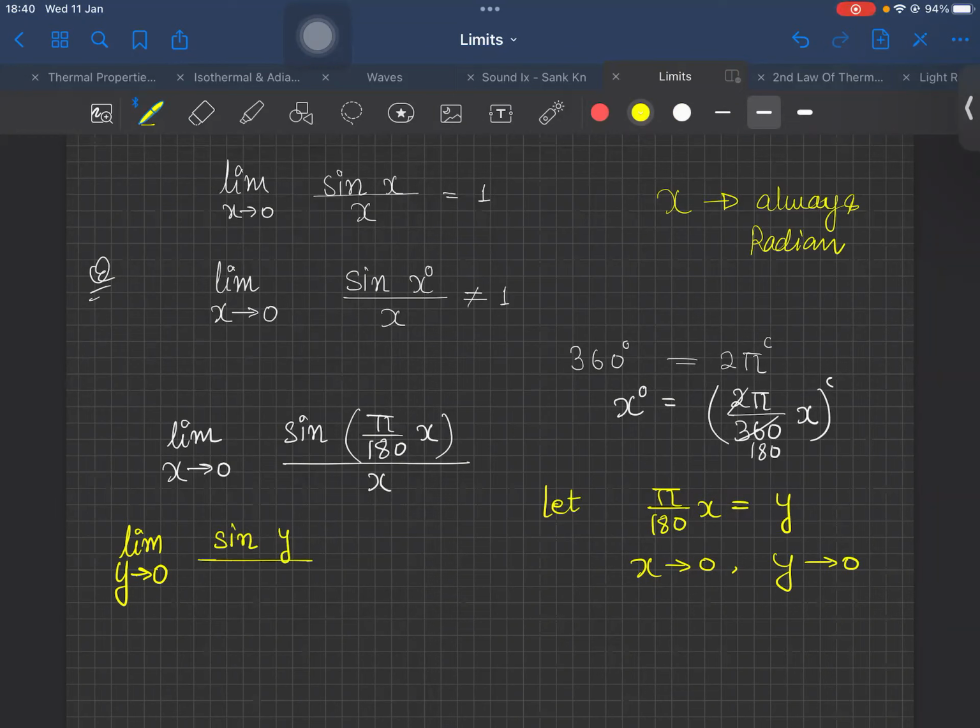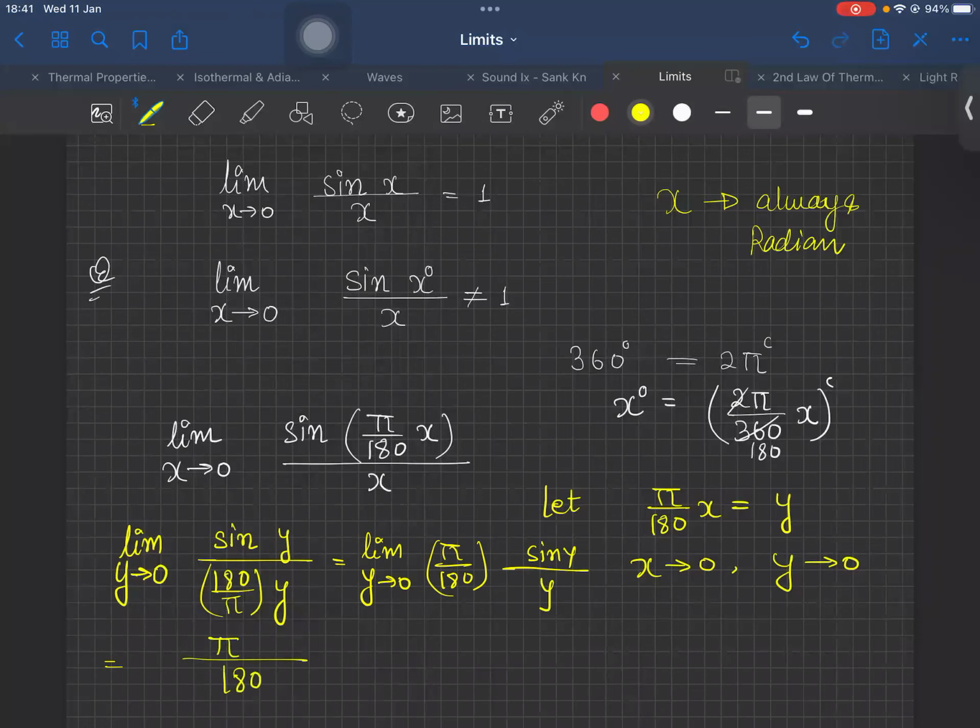Now x is what? 180 upon pi into y, right? Now this 180 upon pi is a constant, so you can write this as limit y tends to 0 of pi by 180 into sine y divided by y. Since pi by 180 is a constant, you will take it outside of the limit. So pi by 180 times limit y tends to 0 of sine y upon y.